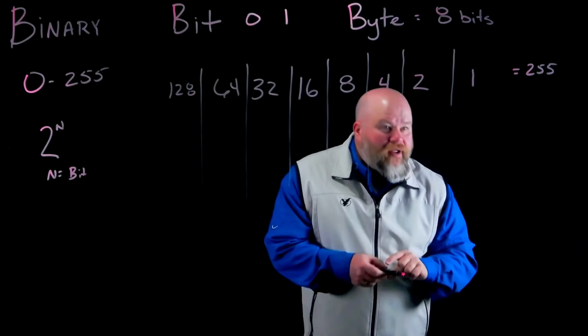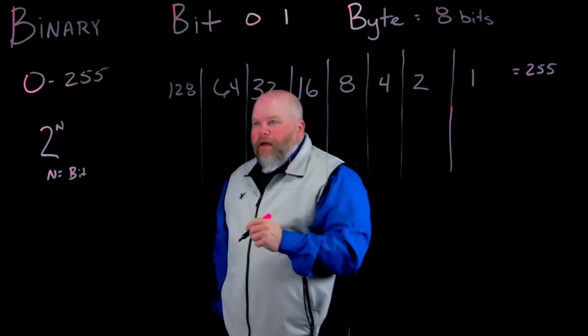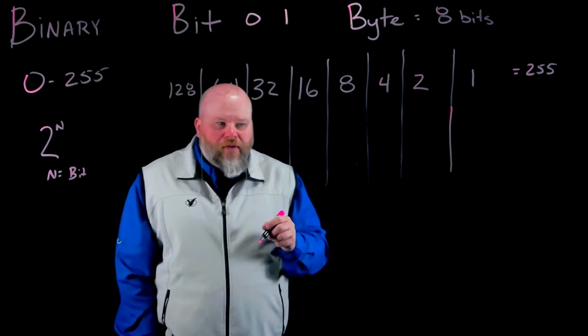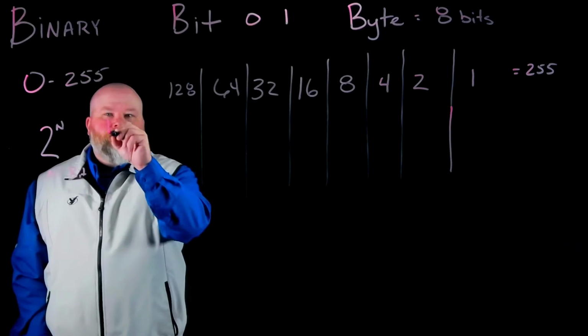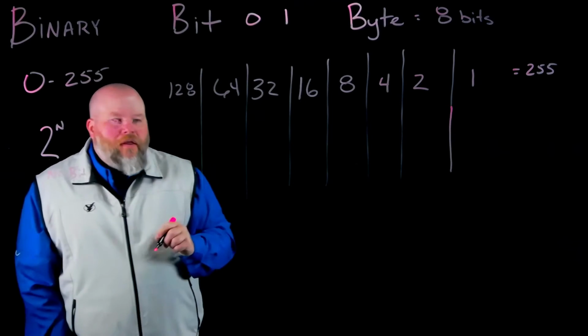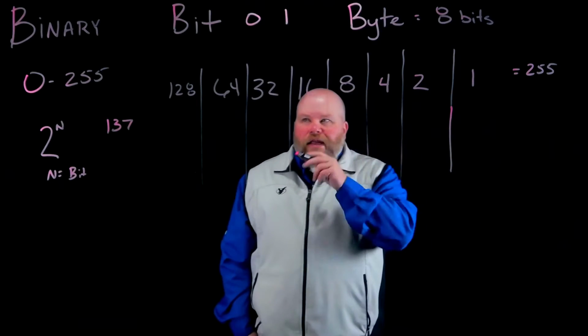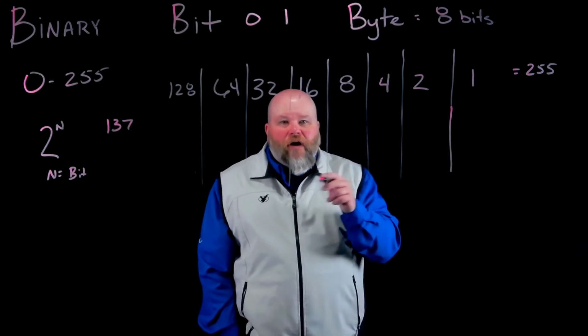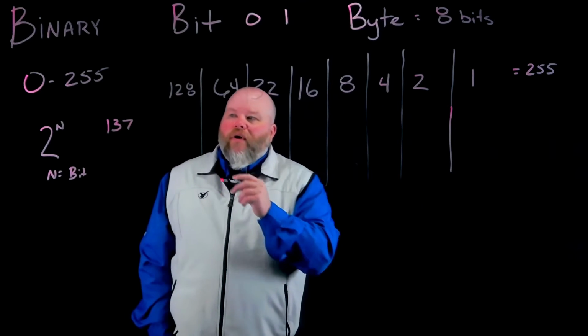So if we want a value of, we'll say, 137. And the way we can do this, we can activate each bit to turn it on or off to give it its value. So we can say 137.